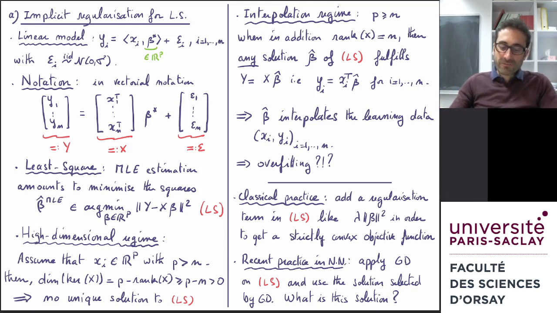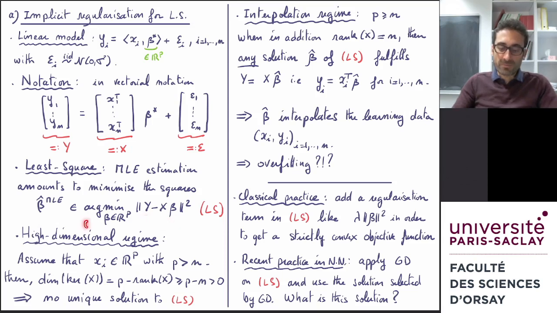So this is the first remark. Now we consider not only this high-dimensional regime where we have no unique solution to LS, but we also consider the interpolation regime where the rank of X is exactly equal to n. You know that it is always smaller than n and p, and we assume that it is exactly equal to n. This is typically what will happen in a high-dimensional setting where p is large. When the rank of X is equal to n, you have a solution to y equals X beta.